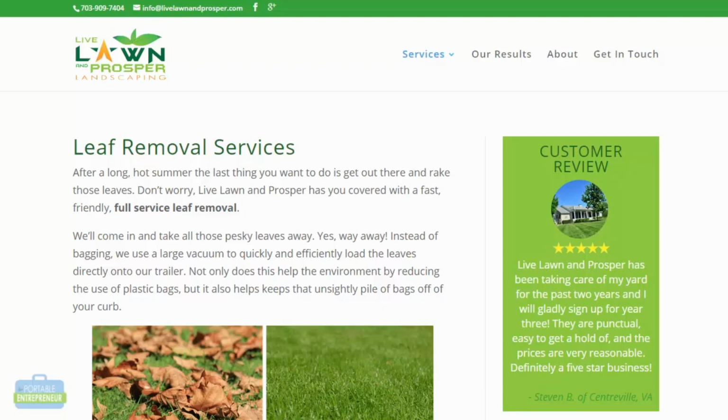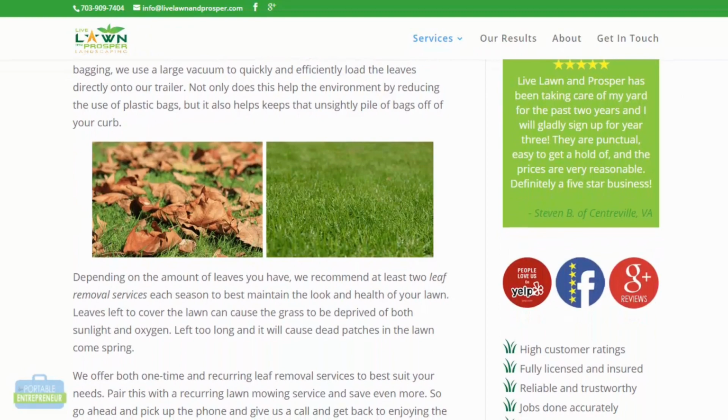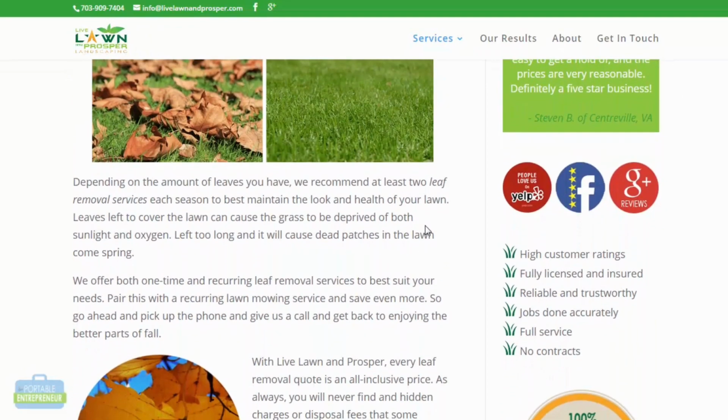So if I have a leaf removal services page and I start talking about how leaves left to cover the lawn can cause the grass to be deprived of both sunlight and oxygen, and I want to go into that or share a study, I can go to a relevant website that has a lot of traffic and grab one of their posts and link it from this particular sentence.